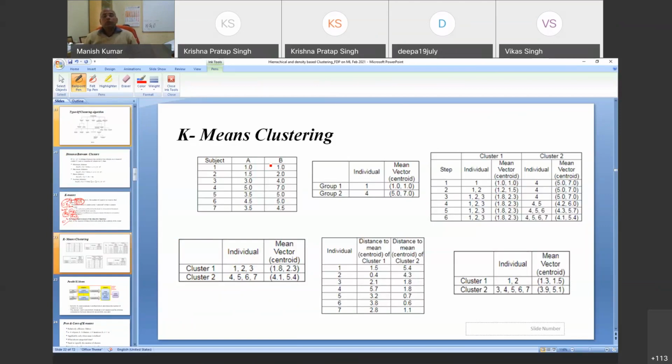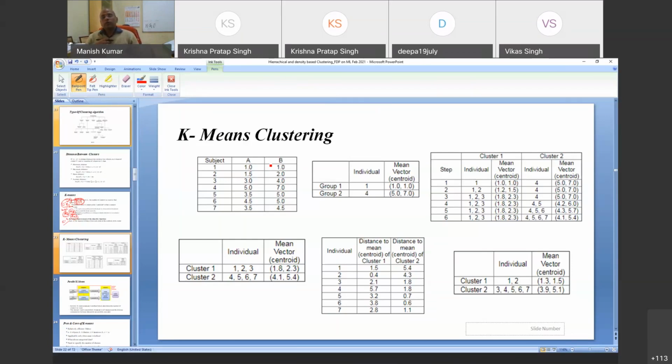That means we are fixing k equal to 2 in this case, and we are choosing 1 and 4 as the two means. Depending upon 1 and 4, we calculate the distances. Then what we found is that in the first iteration, 1, 2, 3 are part of cluster 1, whereas 4, 5, 6, 7 are part of cluster 2.